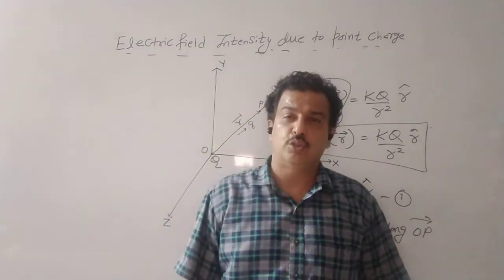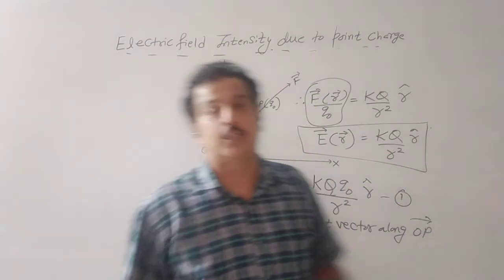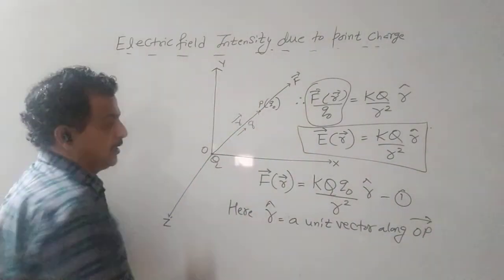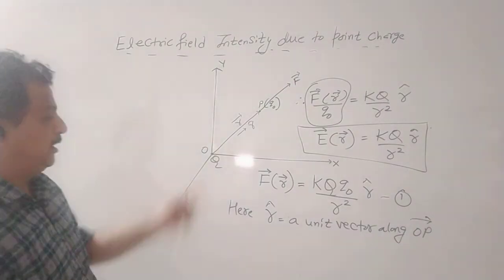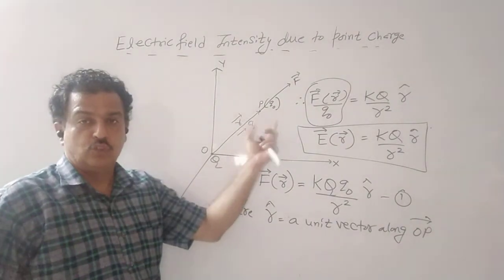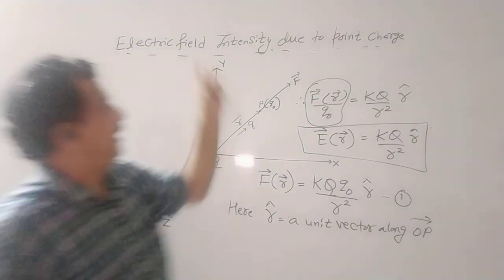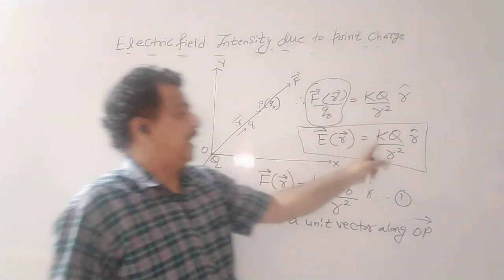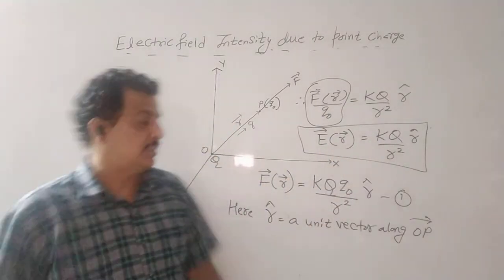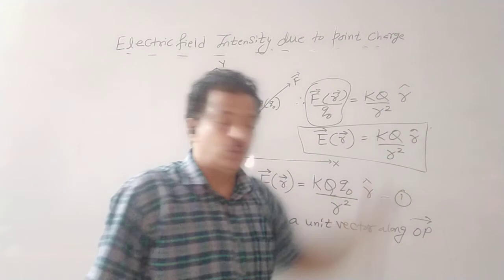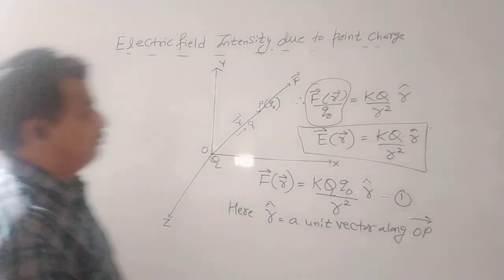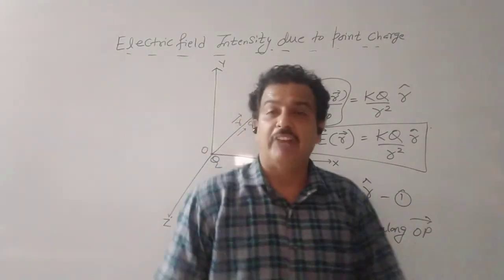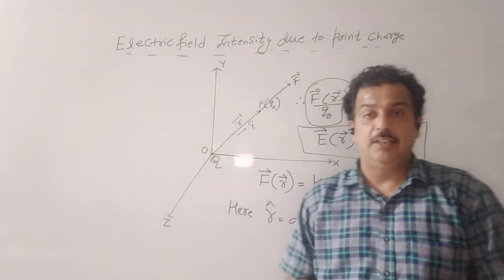Now this force of interaction can be attractive or repulsive depending upon the sign of the charges we have taken. Here we have considered both the charges are positive. So the simple formula for the electric field intensity due to a point charge is K source upon the square of the distance between test and source charge, into this r cap which will give you the direction. So this is how the electric field intensity is defined for a point charge.